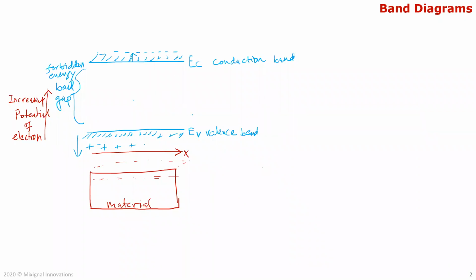Okay, so those are the two bands which we talk about in band diagrams. The other band we talk about is what's called the Fermi level.